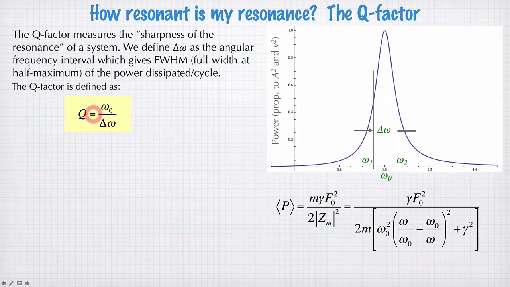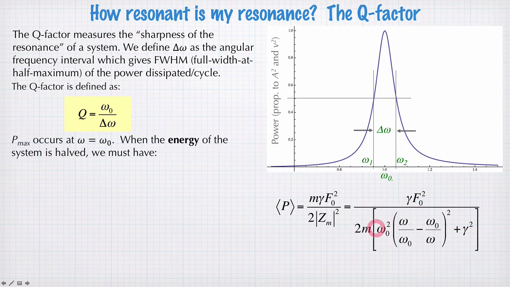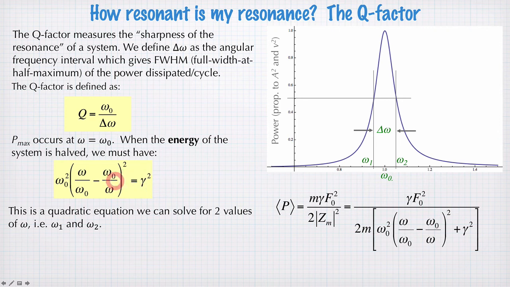How do we find Q? In other words, how do we find this frequency at half maximum and this frequency at half maximum? Well, here's our equation for the dissipated power. I've re-expressed it slightly differently here, but it's the same equation. So we need to find where this power drops by a factor of 2. Pmax occurs when omega is equal to omega naught. But when the energy of the system is halved, we must have these two terms equal to each other.